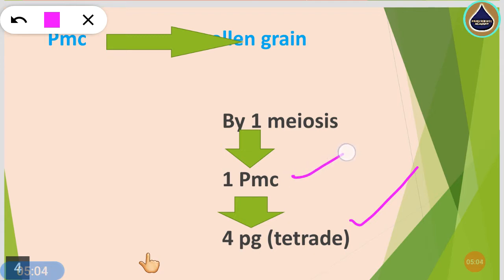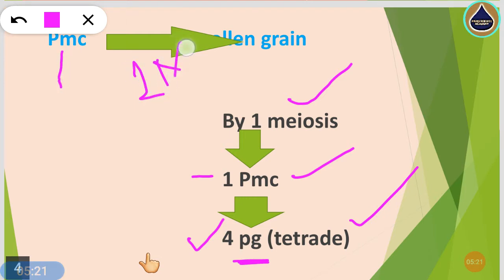One pollen mother cell, by one meiosis type of cell division, converts into 4 pollen grains. I hope you are understanding. This is the formula.